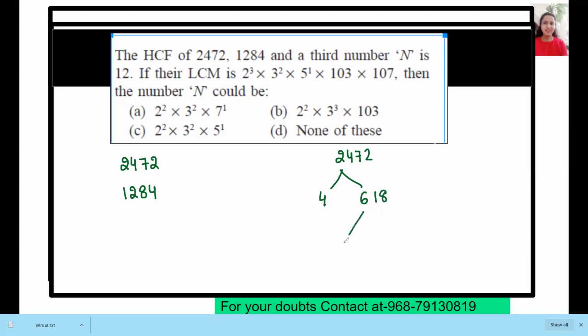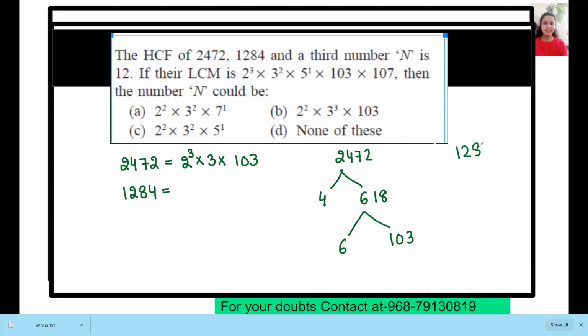Now let's divide by 6. So 6, 1, 0, 3. Okay. So now you cannot divide further. Now we can write here 2 into 3 into 3 into 103, because here I have written in prime numbers. For my comfort, I have used it like this.